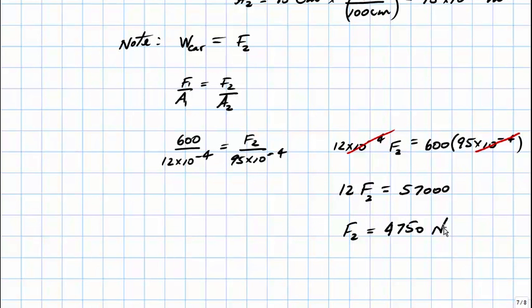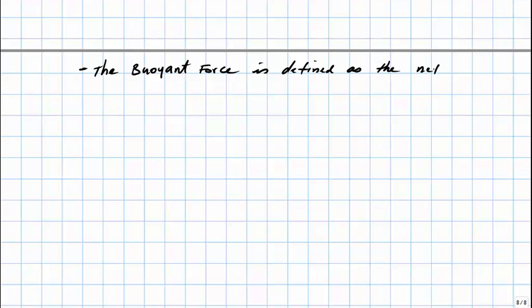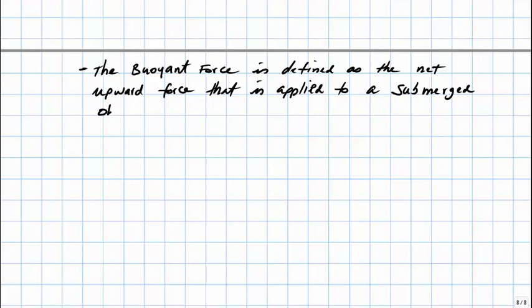We will now introduce the buoyant force and Archimedes' principle. The buoyant force is defined as the net upward force that is applied to a submerged object by the surrounding fluid.